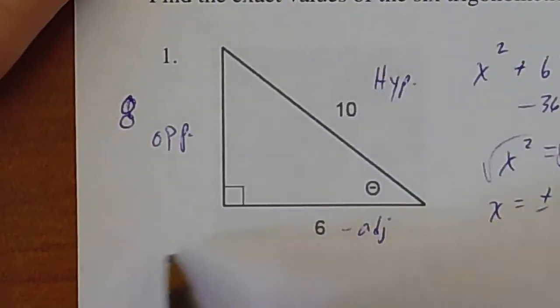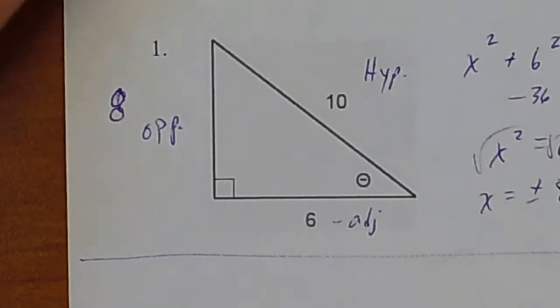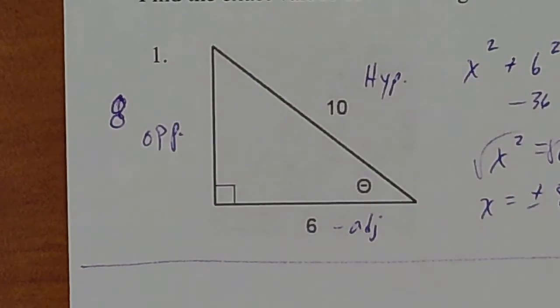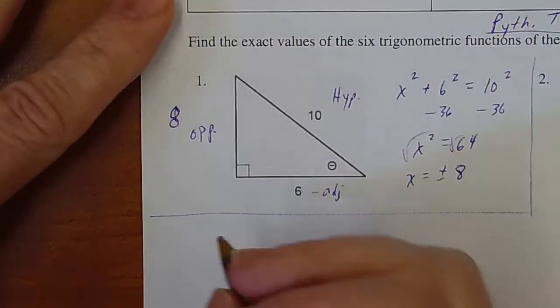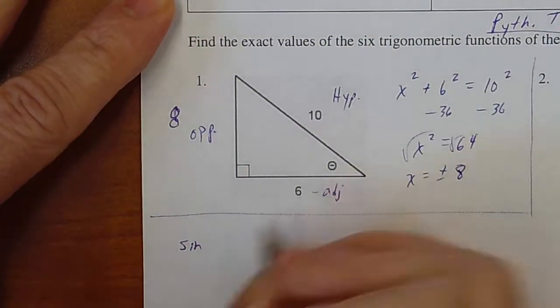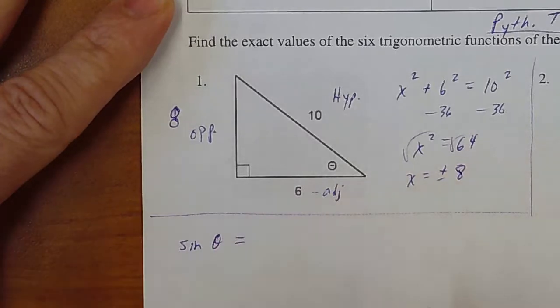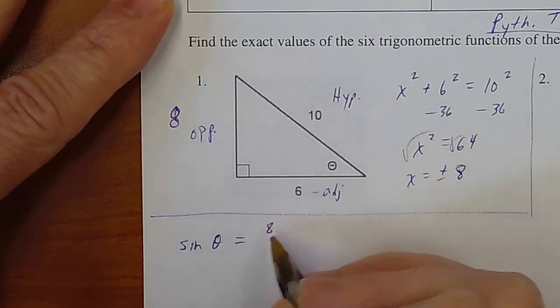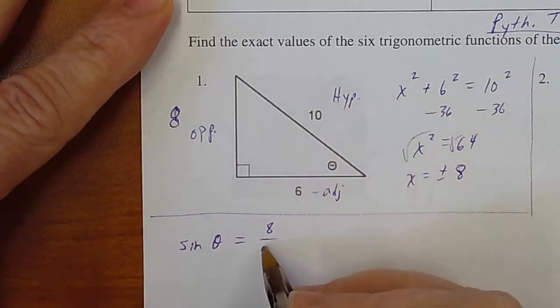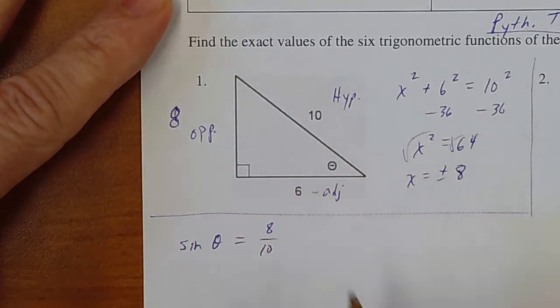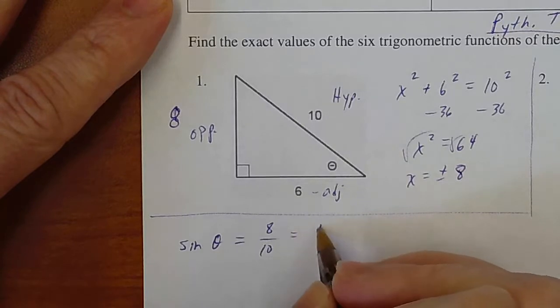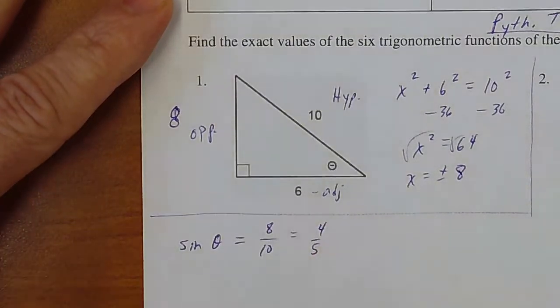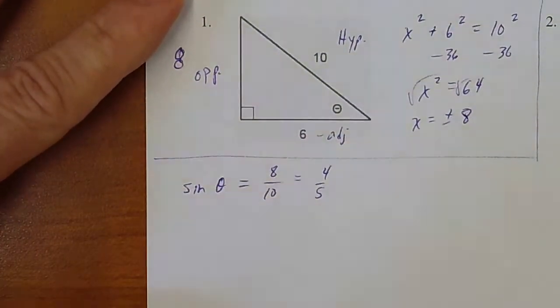Okay. All right, so now I'm ready to go ahead and answer these. So let's just start right in the order of SOHCAHTOA. Sine of the unknown angle theta is equal to the opposite side, 8, over the hypotenuse by definition. So it's 8/10. You'll probably be expected to reduce these, so we'll just call that 4/5 once we divide them both by 2.